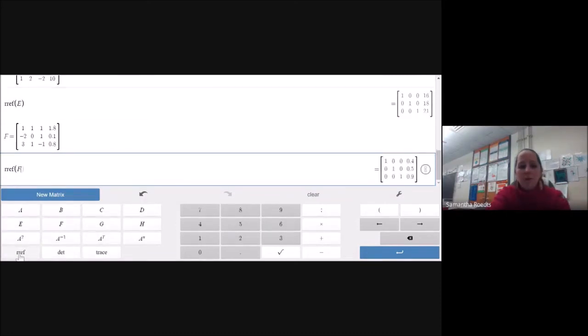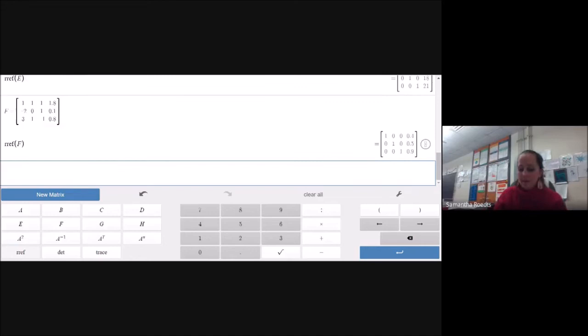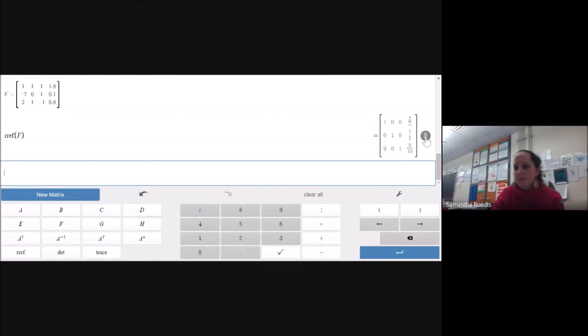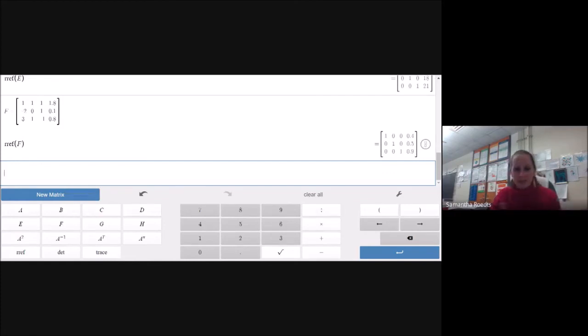Reduced row echelon form. And I get x is 0.4, y is 0.5, and z is 0.9. Again, you can change these into fractions. You can flip them back and forth, fractions to decimals, whichever one makes you happier. Okay? Up to you.